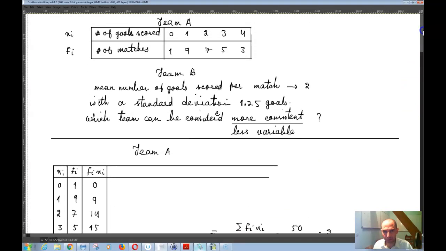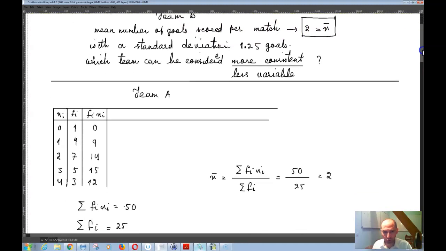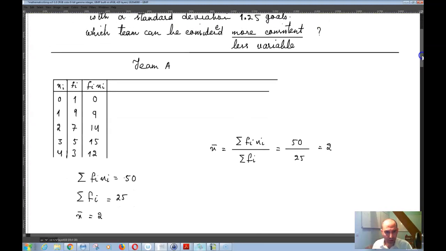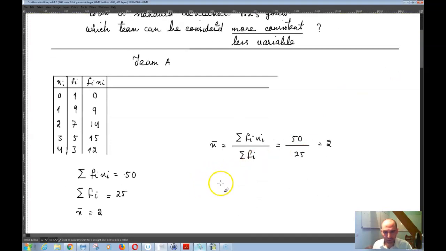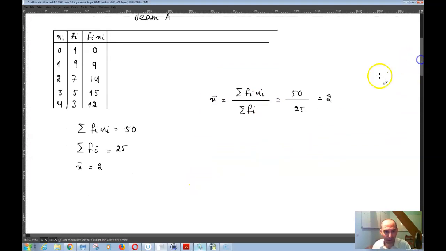And you see that for team B, X bar was also equal to 2, which means that the mean of team A and team B were the same. So I don't really need to calculate the coefficient of variation. I can just simply calculate the sigma and compare the data that way.